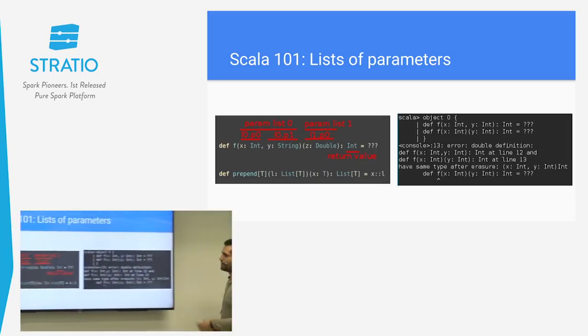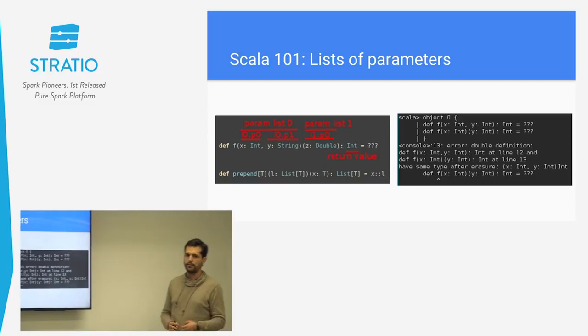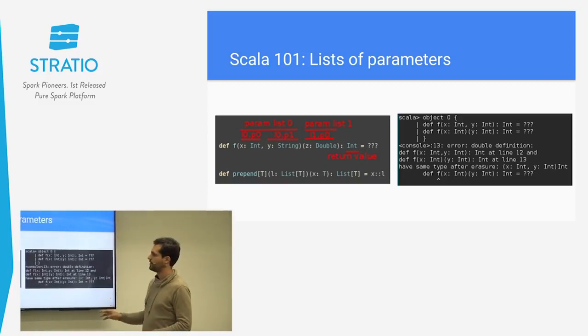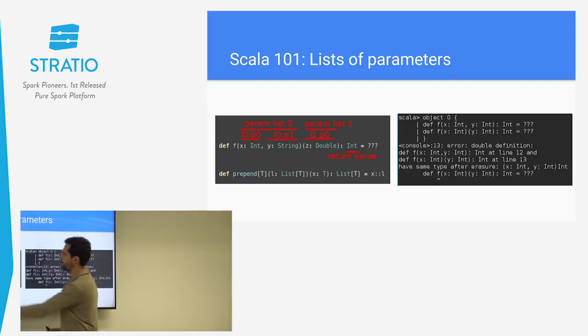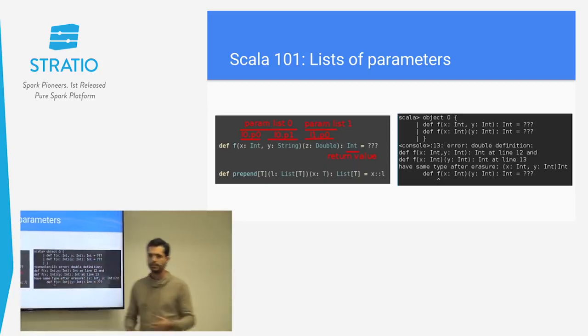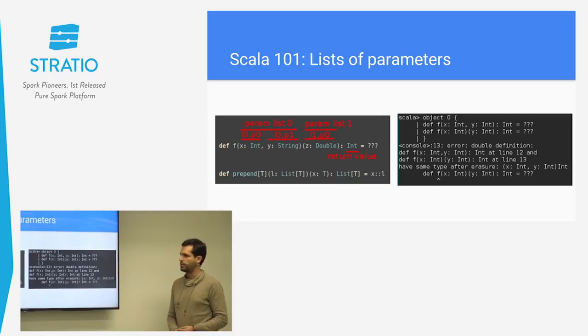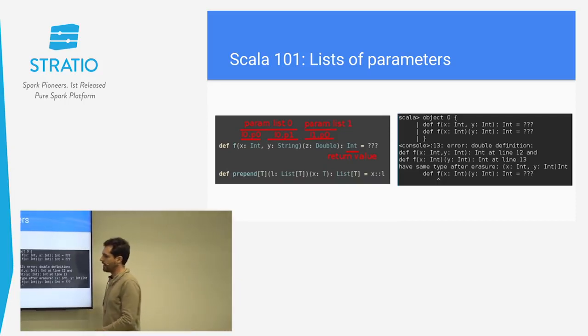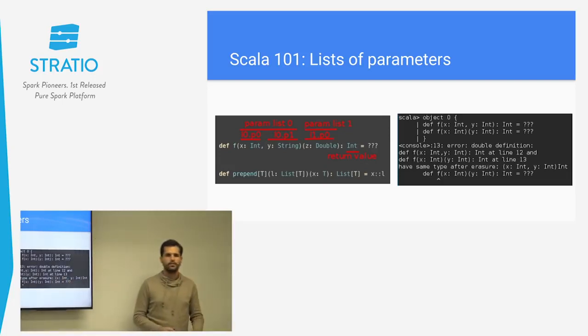So if you try to make overriding in your objects, and you just make a distinction in how your parameters are distributed in the parameter lists, it won't work. Because at the end of the day, the bytecode will interpret it as a single parameter list, and you will find a collision there. And that's quite a tricky problem.